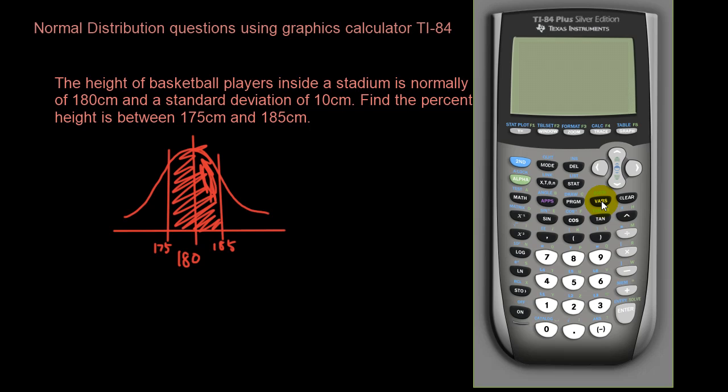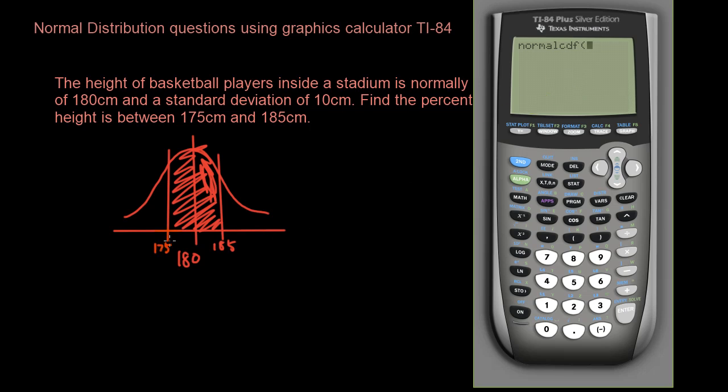So you go second VARS, and then you go to number 2, normal CDF. Make sure you choose number 2. Then you press enter, and you're going to type in some numbers.